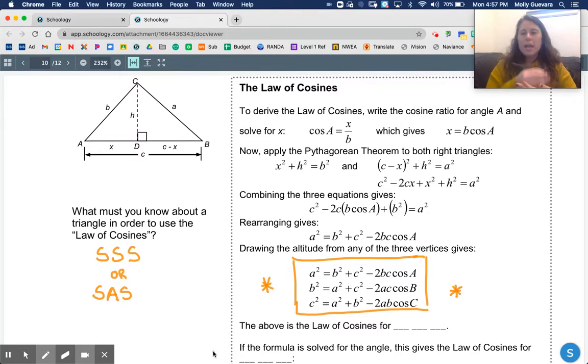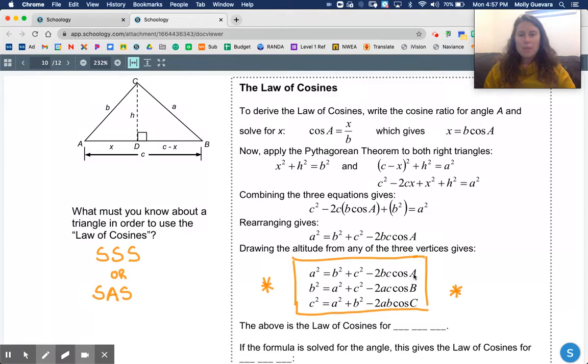So if you know an angle and the side across from the angle, you're probably going to use law of sines. If you don't know an angle and a side across from the angle, you're going to probably use law of cosines. And then these 3 are the formulas that we're using.